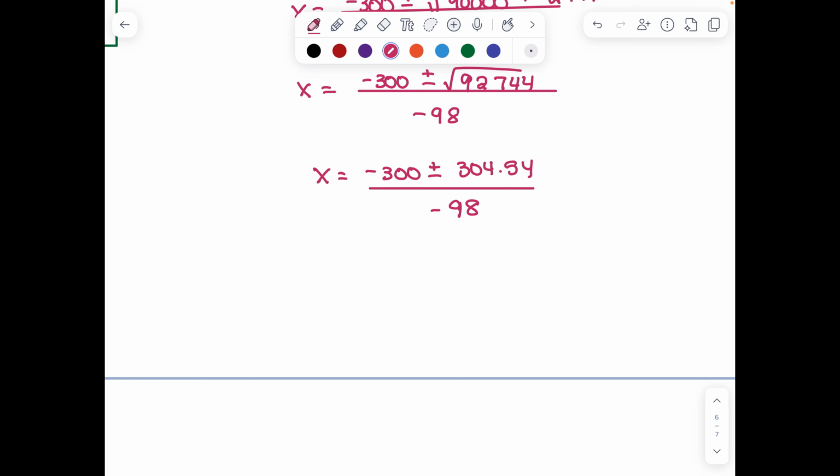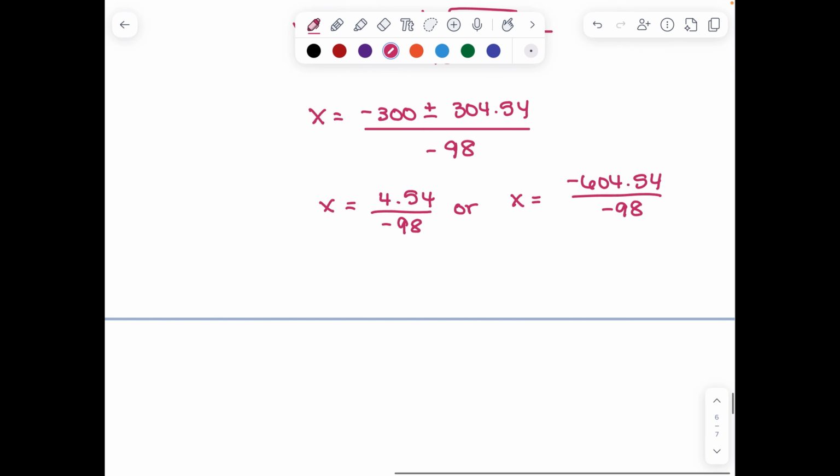So now we're going to go ahead and just separate these into the plus or minus. So I'm saying negative 300 plus 304.54. That'll give me 4.54 over negative 98, or negative 300 minus 304.54 gives me negative 604.54 over negative 98.